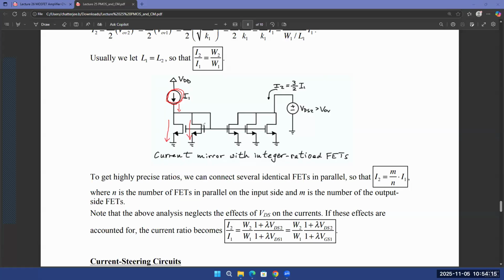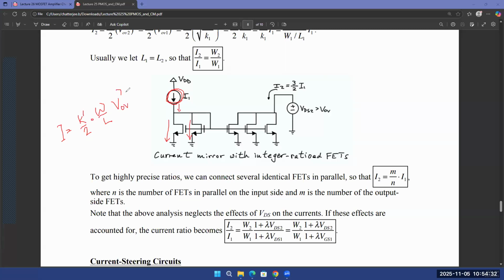Now, what was the equation for current? The equation for current is I equal to K prime over 2 times W over L times V overdrive squared.